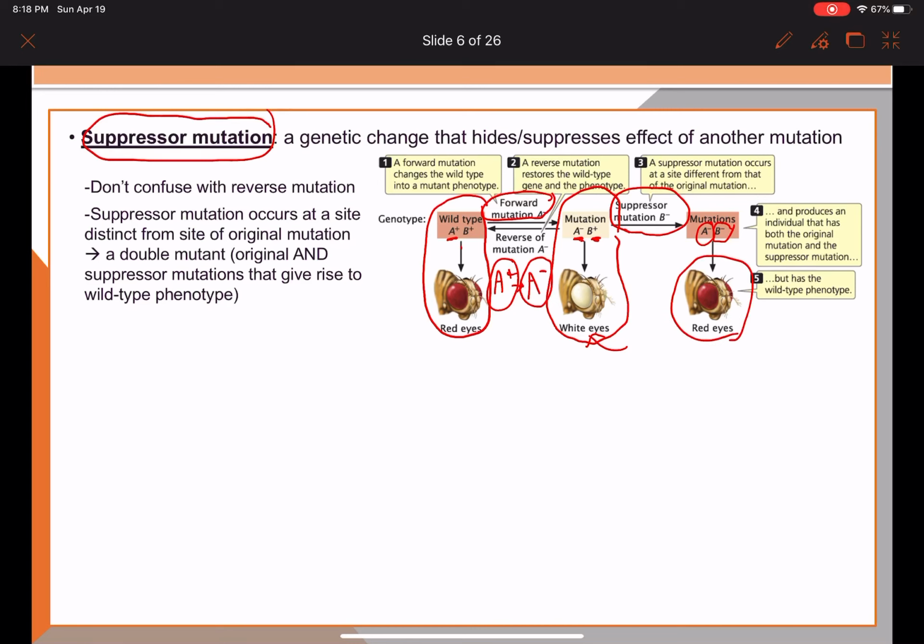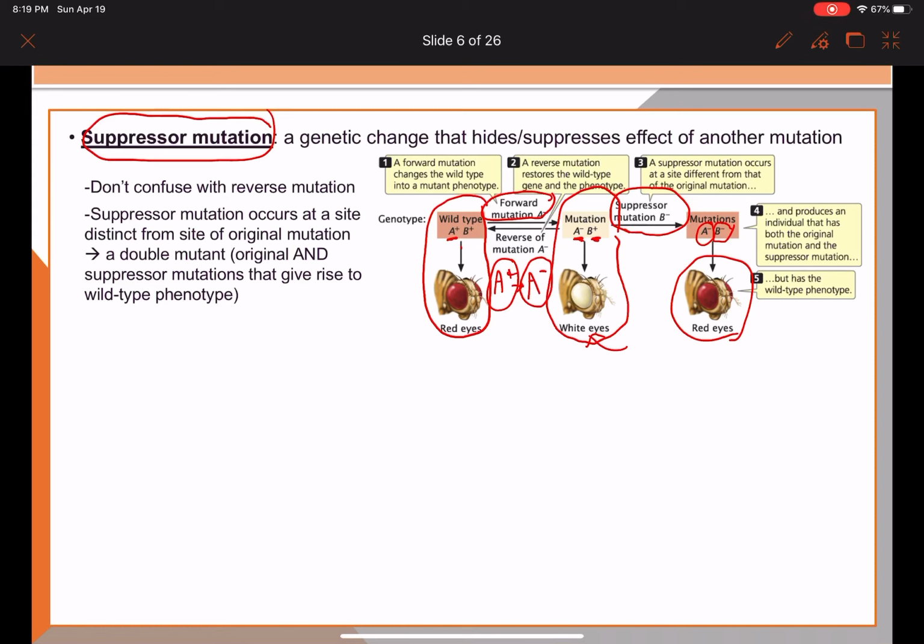So this is different from reverse. Reverse mutation is affecting the same gene, the same location of the original mutation. You're fixing the original mutation. Suppressor mutation, you're doing something else at another location that affects the expression of your mutated gene.